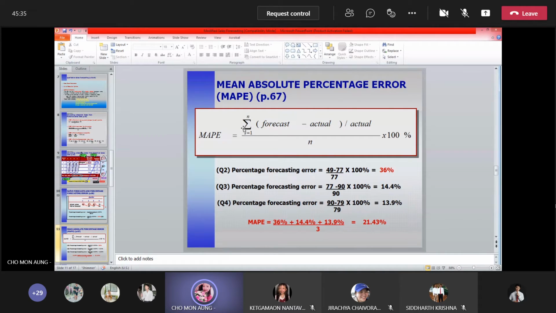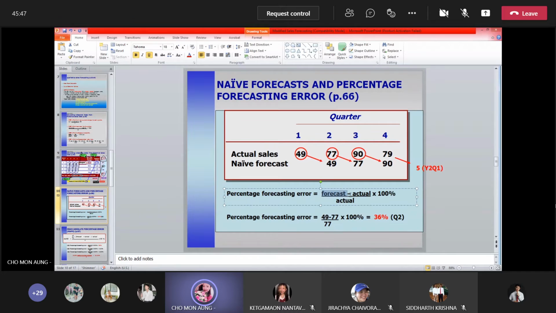Actually, you know this sign, right? Summation. Forecast minus actual divided by actual. That is the equation that we used already.